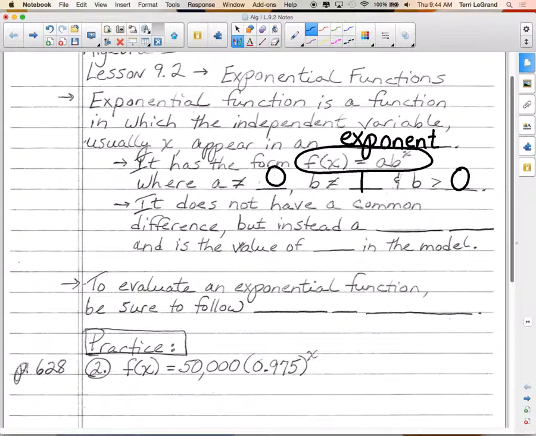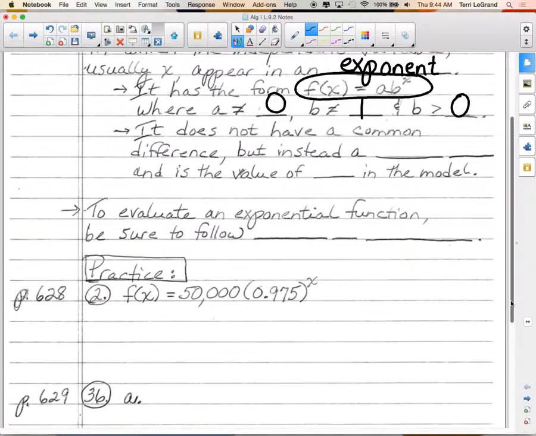So, an exponential function does not have a common difference. What kind of functions have a common difference? We talked about yesterday. Arithmetic sequences, which are related to which family of functions? Which family of functions is modeled by an arithmetic sequence? The linear family.